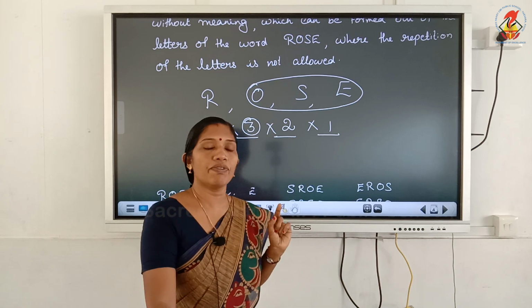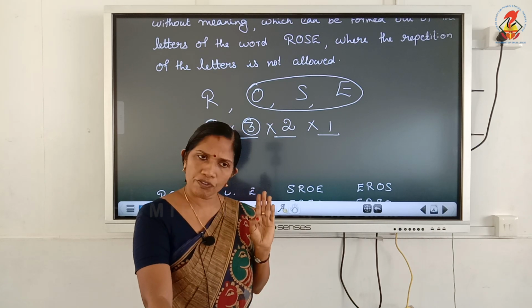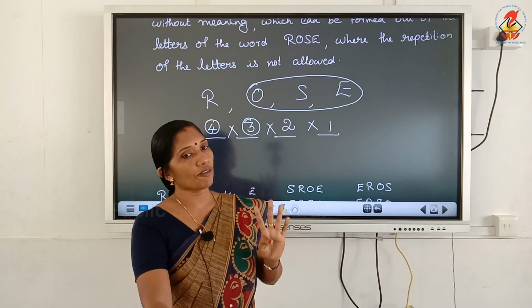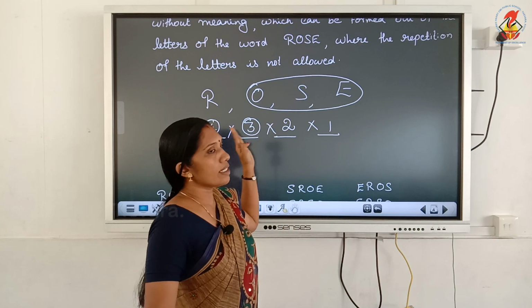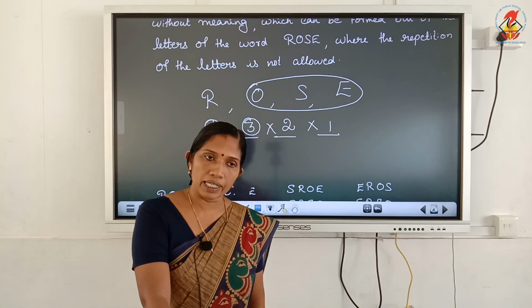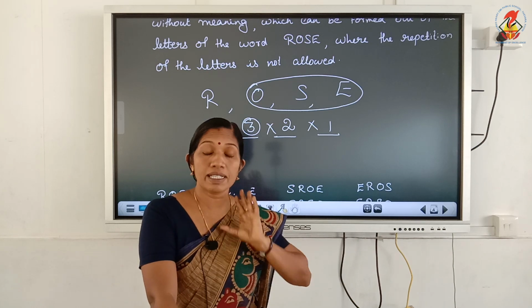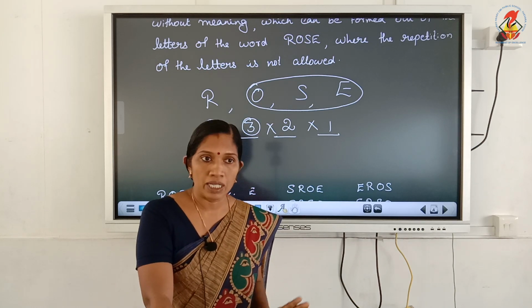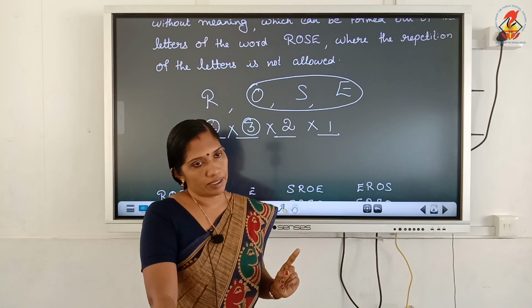The first place we can fill in 4 different ways, since there are 4 different letters. In the second place we have only 3 letters, since 1 letter is in the first place, which we can't take because repetition is not allowed. So in the second place we can use any of the 3 letters.